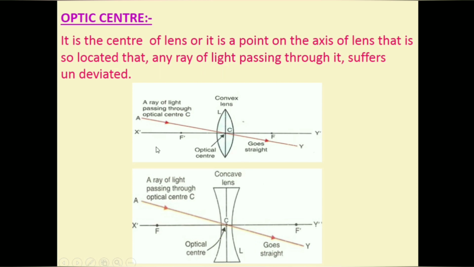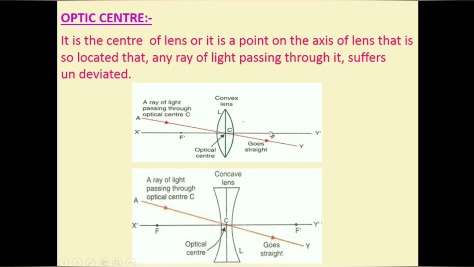Remember, there are two centers of curvature and two radii of curvature for each lens because it is bounded by two surfaces. And either we can choose the ray of light on the left side or the right side. Anyhow, it is bounded by two surfaces, so refraction of light takes place. Either we can keep the object on the left side or on the right side. Refraction of light takes place through lenses.